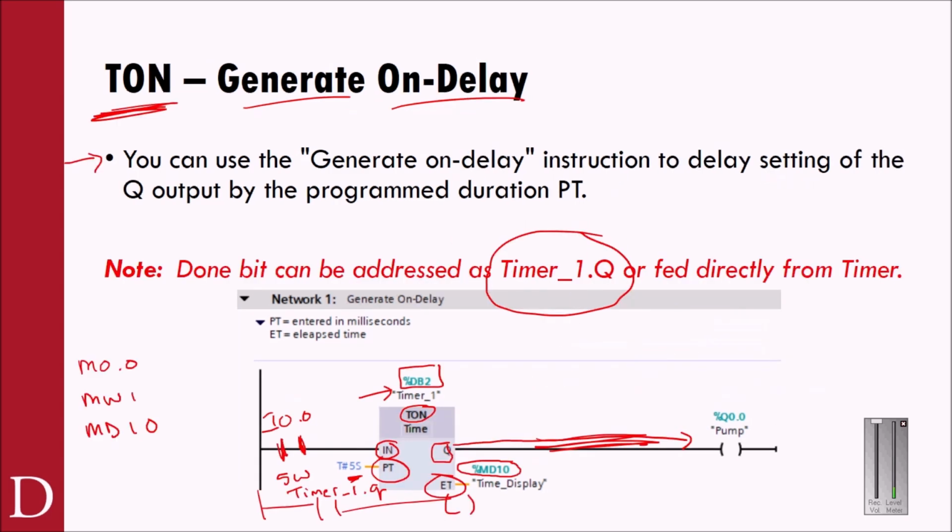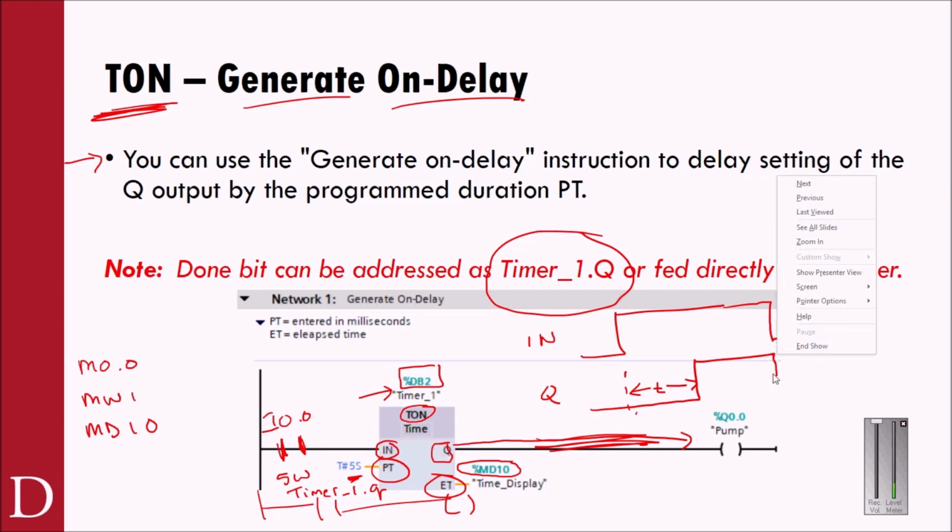If I go back to the on delay, the way the on delay works is your input goes true, and then your output waits 5 seconds. So this is when it starts timing. This is your time delay. It's on the on side. And then when your input goes low, your output goes low immediately, right?